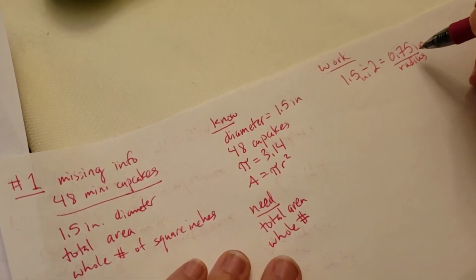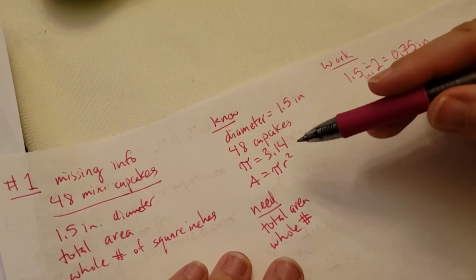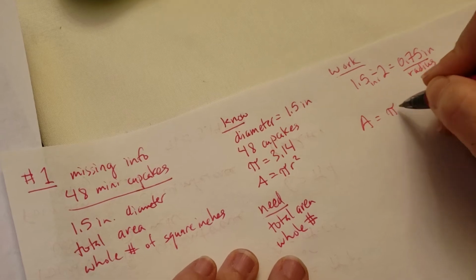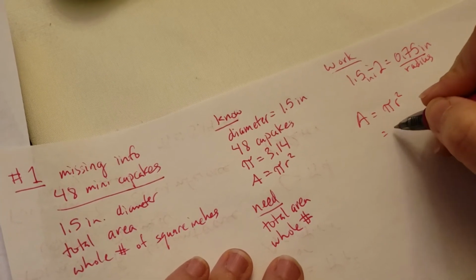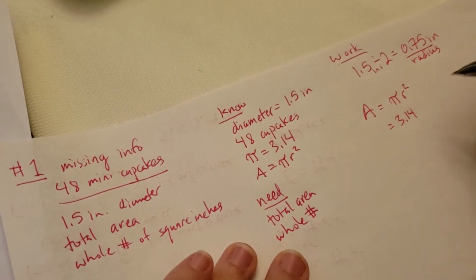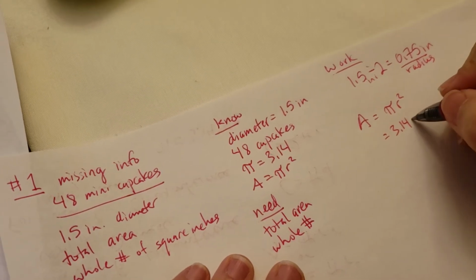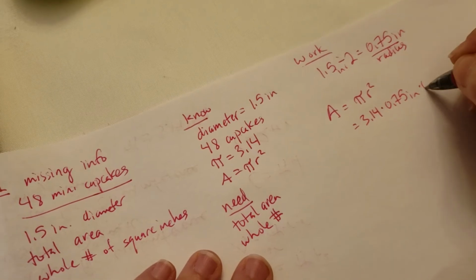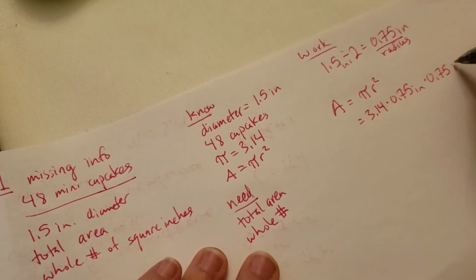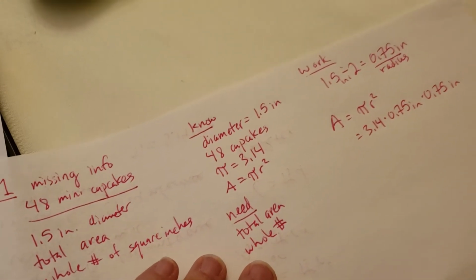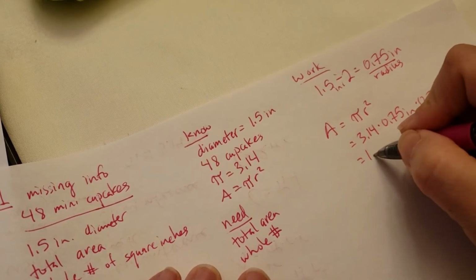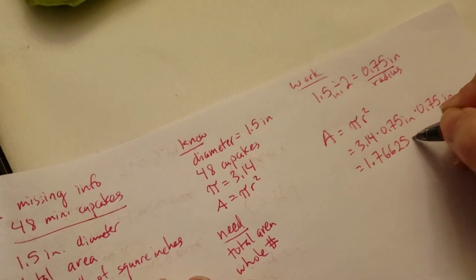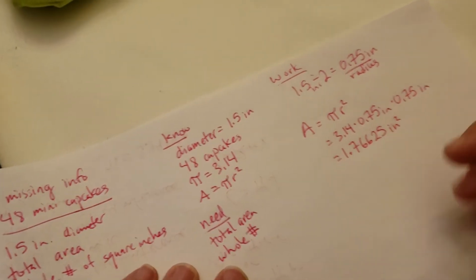This is the radius of 1 cupcake, so I'll be finding the area of 1 cupcake. Area equals pi times r squared, so that's 3.14 approximately times 0.75 inches times 0.75 inches. And I did this problem several times on the board, so I know that works out to 1.76625 square inches for any given little cupcake.